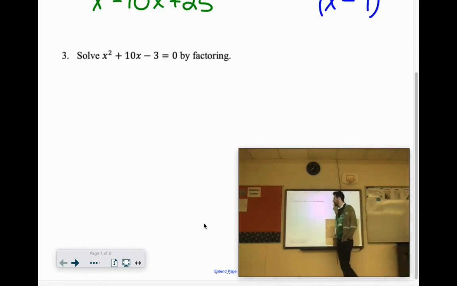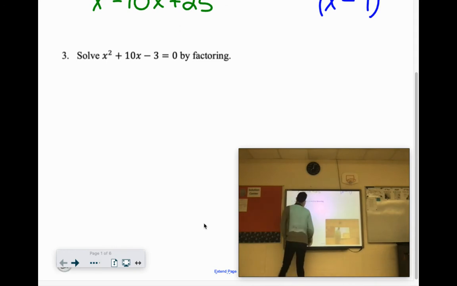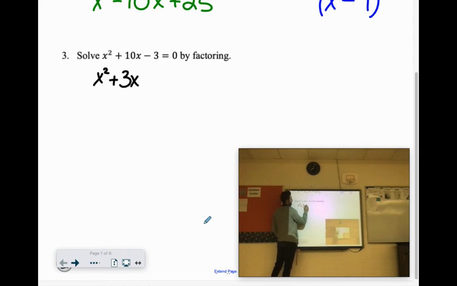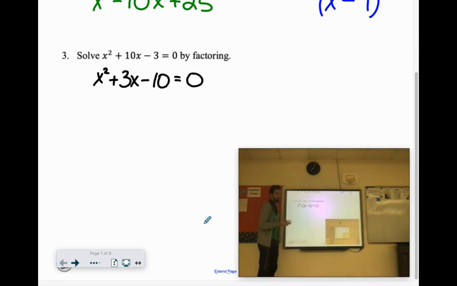And solve x squared plus 10x minus 3 equals 0 by factoring. I'm going to guess that is a typo. I'm going to guess it was supposed to say this. Because we can't factor x squared plus 10x minus 3 equals 0 by factoring, but we can solve this. So factors of 10 that are 3 apart would be 5 and 2.